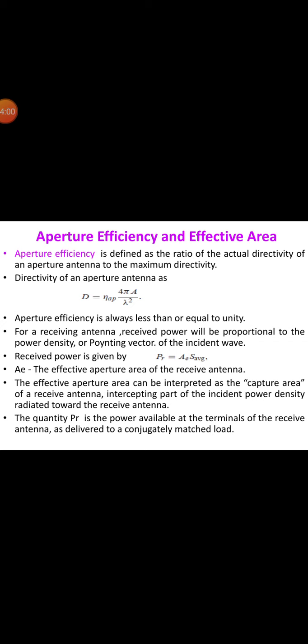Now if you equate the expressions, that is P = (ER²/Z0)·R²·ΩA, and substitute ER = EA·AE/(Rλ), we get the aperture beam area relation, that is λ² = AE·ΩA, where ΩA is the beam area.